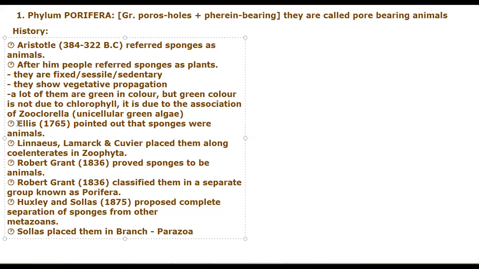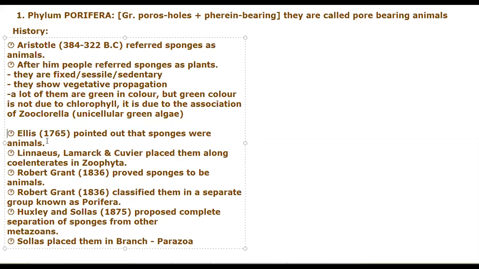Now, Ellis classified them as animals. So he pointed out that sponges are animals. Linnaeus, Lamarck, and Cuvier placed them in Coelenterata, in zoophyta.